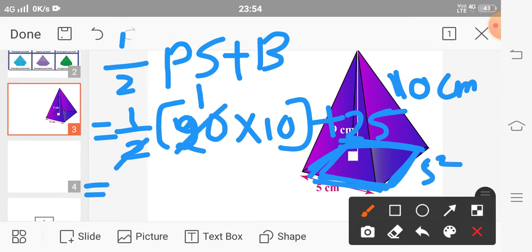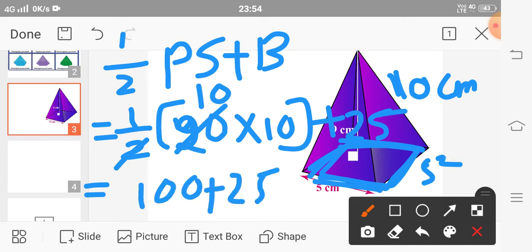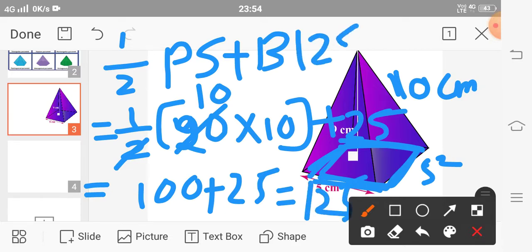So if we cancel this, 100 plus 25, that equals 125 centimeter square. Total surface area of the pyramid.